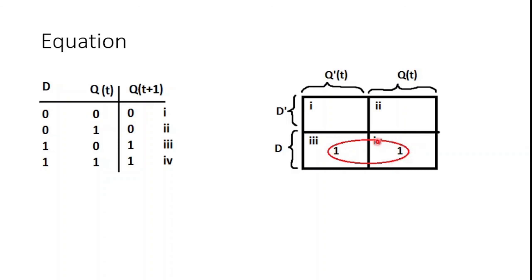So as you can see, the ones are here, and if we take common of these two, we will get the equation equal to D, because this combination is only present at this one, it's not situated in any of these three. So the equation will finally be this: Q(t+1) equals to D. So it's pretty easy, as you can see, and that's it.